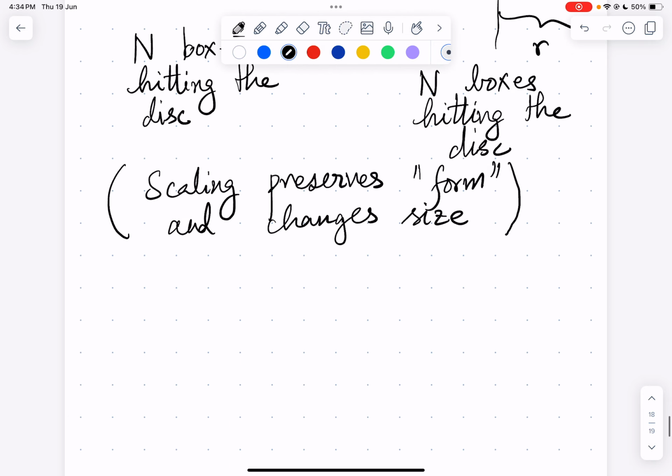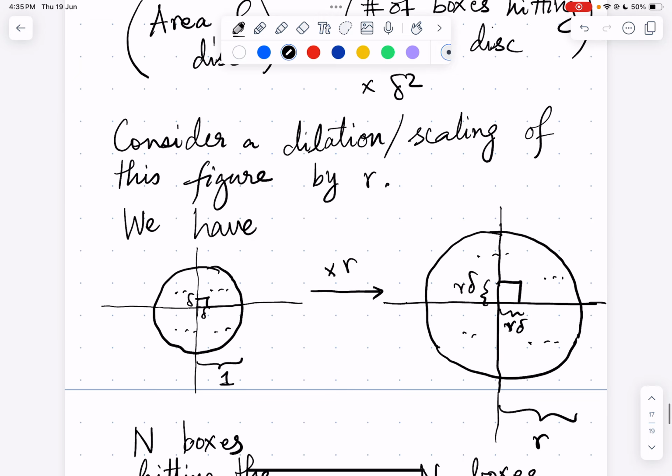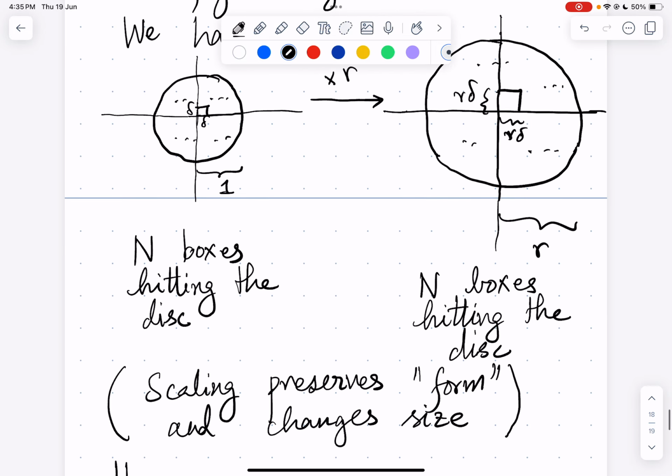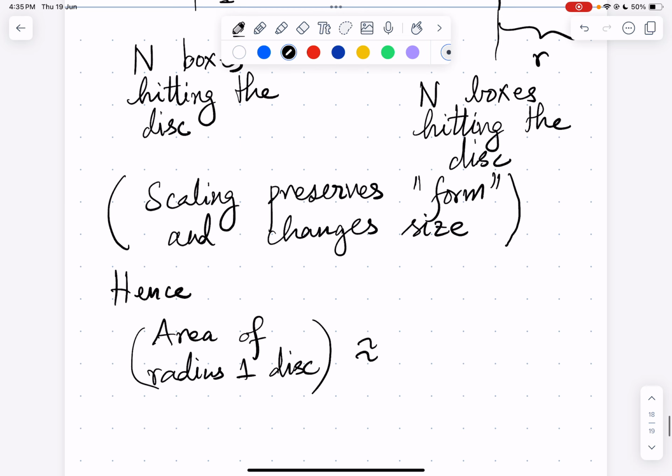Now in this picture, the area of the radius 1 disk is approximately n delta square, right? You have n boxes hitting the disk and each box has area delta square.